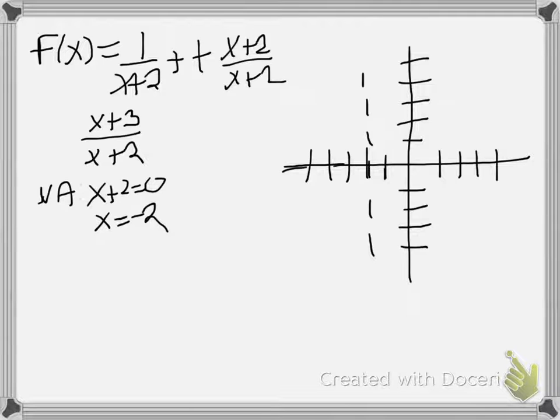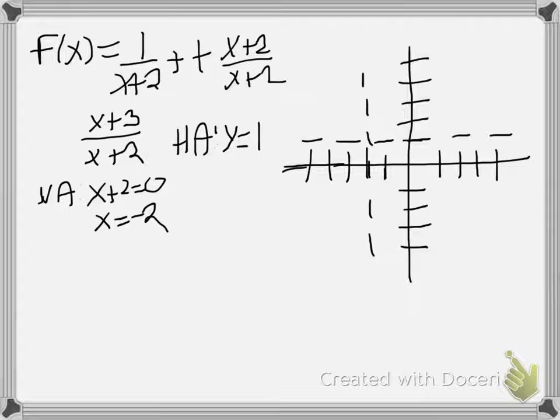Then I have a horizontal asymptote of 1. Hopefully you are picking up on that these are the same degree. 1 divided by 1 is 1. So the horizontal asymptote is going to be y equals 1. And again, these are equations, so please make sure that you give them to me as equations. Okay, so there's our horizontal and vertical asymptotes.